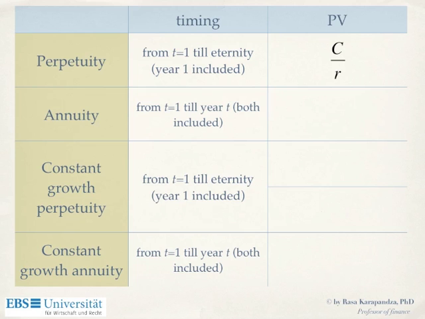You would be indifferent between these two things. Why? Because if you put an amount of money C over R today in the bank with the interest rate R, you would be able to replicate, in a sense, this cash flow stream.